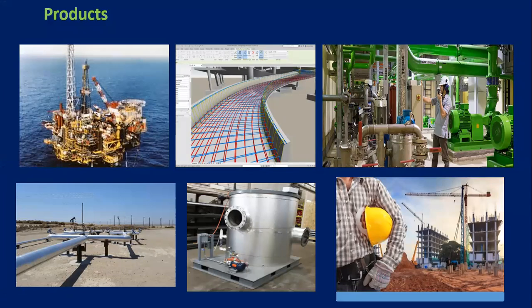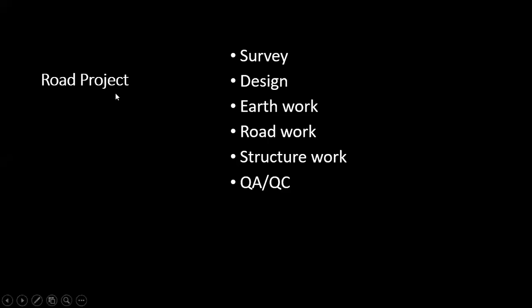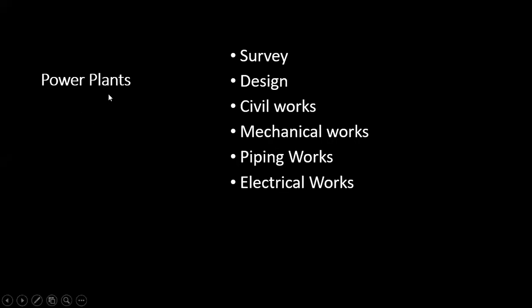So how much you know about your product, how your road will be developed, how many stages there are. There is earthwork, there is road work, there is sub-base. If you have a road project, you know that you have to conduct a survey, then the design will be finalized, then earthwork, then road work. These are the stages to develop a road. In the same way, there is a power plant.